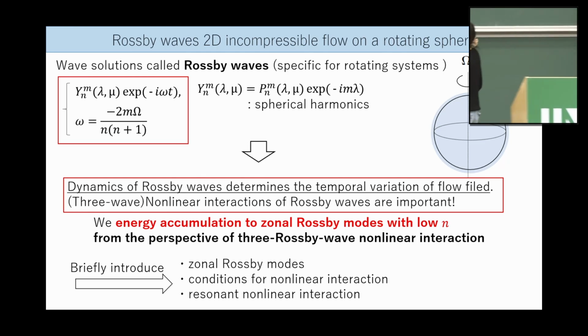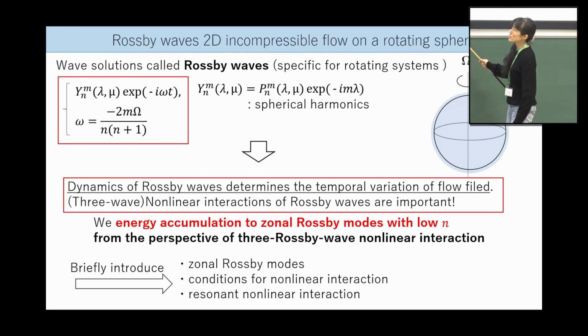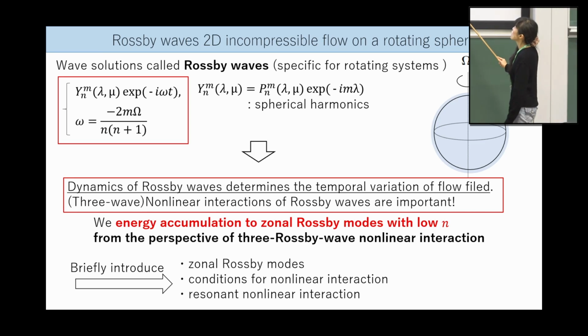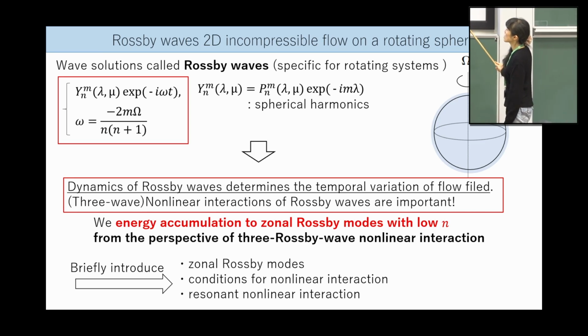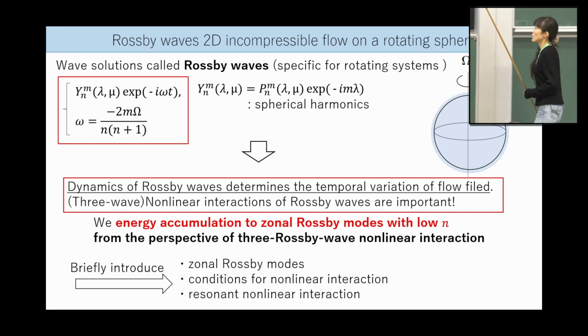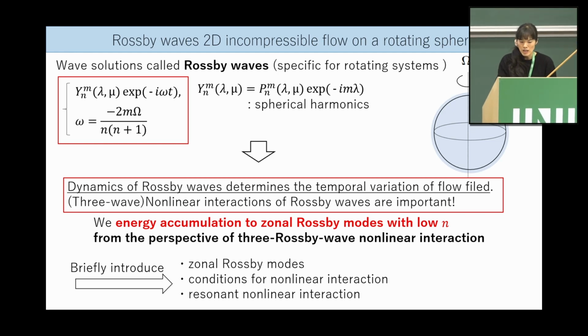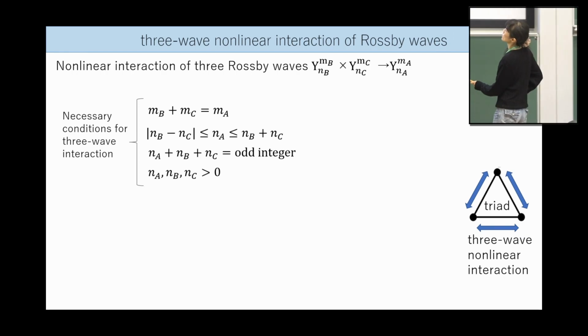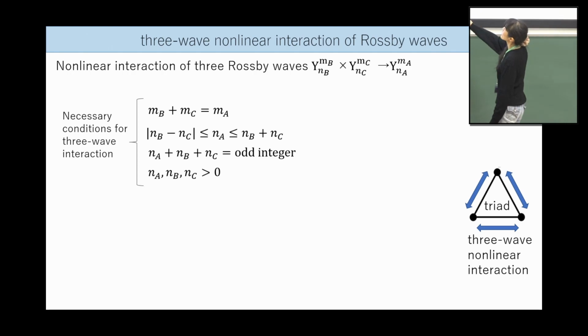In other words, the purpose of today's talk is to understand the energy accumulation to zonal Rossby modes with low total wave number n, from the perspective of three Rossby wave nonlinear interactions. So next I would like to show you the necessary conditions to realize three-wave nonlinear interaction of Rossby waves.